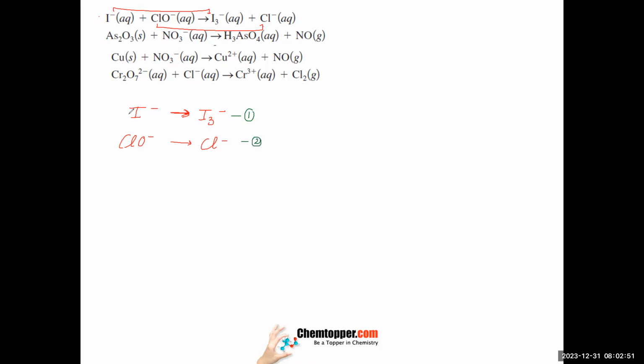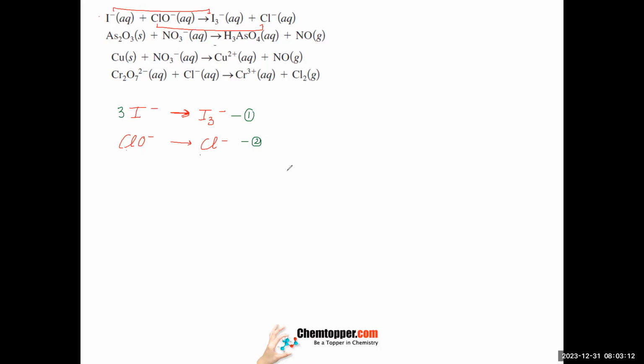I have to balance iodine first. Yes, 3. Here I have to balance chlorine. They are already balanced, right? So rule number 2, we have started with rule number 2, children. A part is done. Balance atoms other than hydrogen, oxygen.